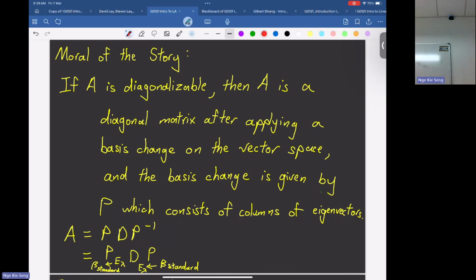Okay, so you start with a usual Ax, right? And then the x will also go through this multiplication, since A you can split into this. You have an x in the normal Rn, and if you go through this P, you do a basis change and write it in terms of the eigenvector basis.